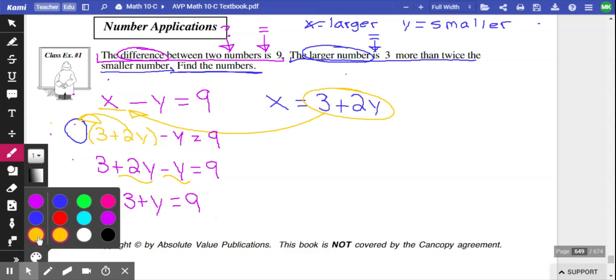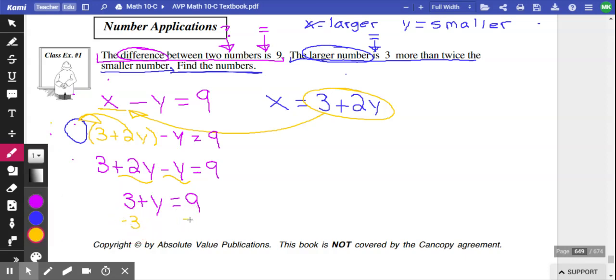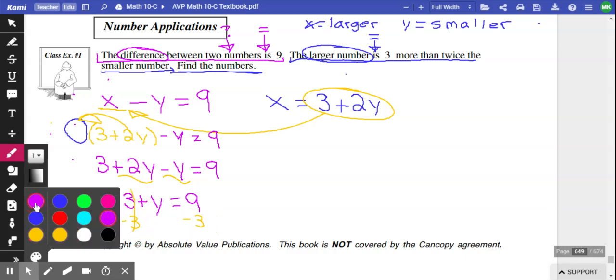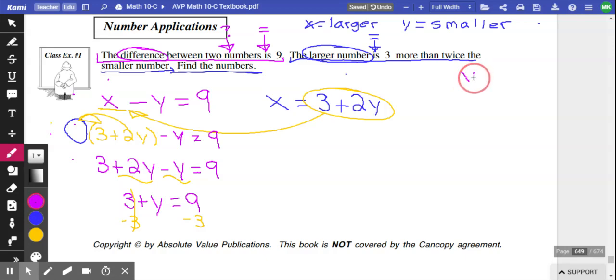We need to get rid of that 3 by subtracting 3. What you do to one side, you do to the other. That means my answer is y equals 6. That's your first number, and we know it's our smallest number.